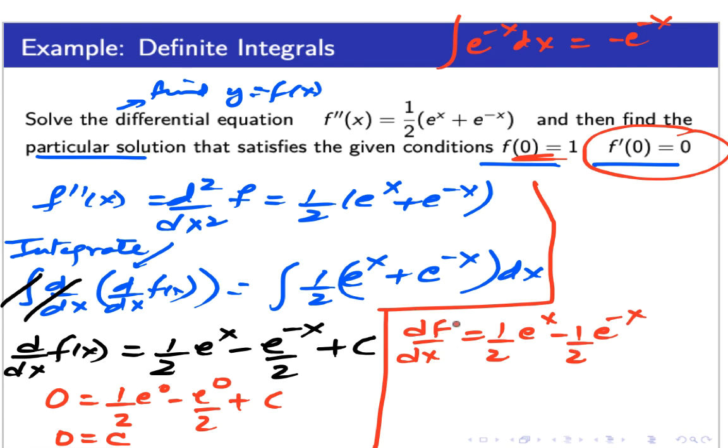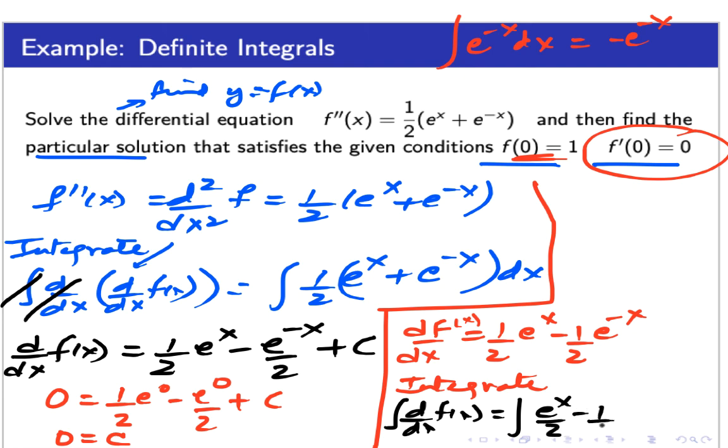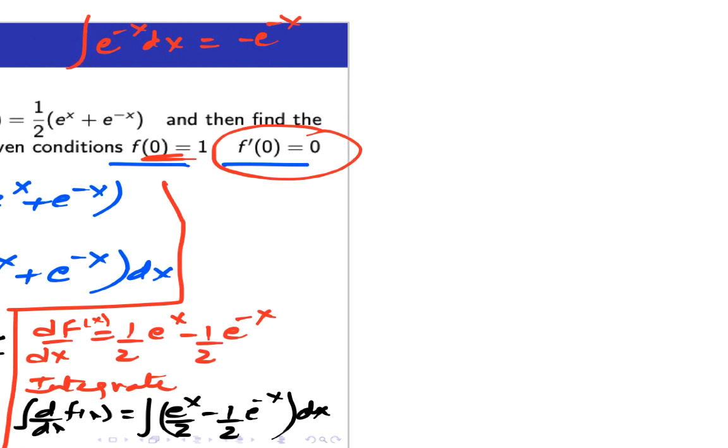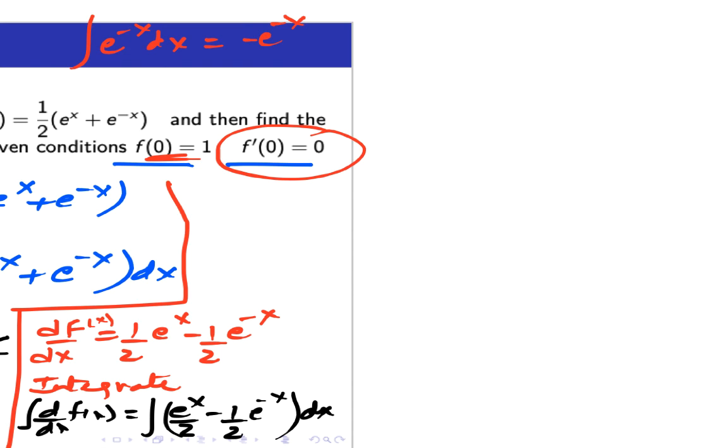Now remember, you have to solve for f of x here. So take the integrals again, integrate. And what do we get here? The integral of d dx of f of x is the integral of e to the power x over 2 minus half e to the power minus x dx. Okay, let's do the math here. Remember, the integrals and the differentials cancel out.